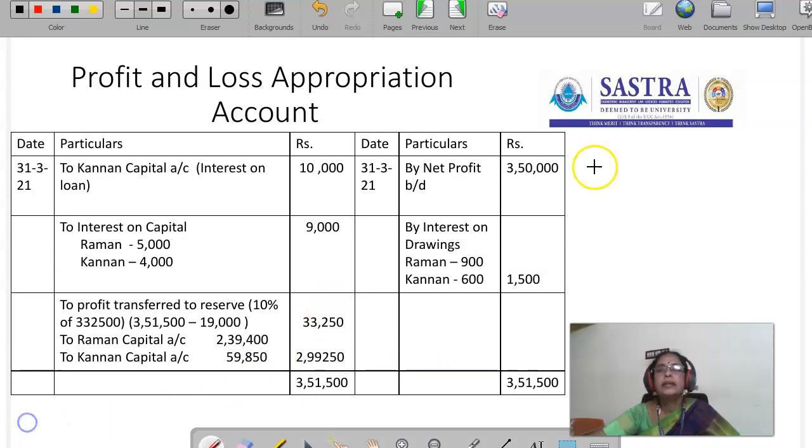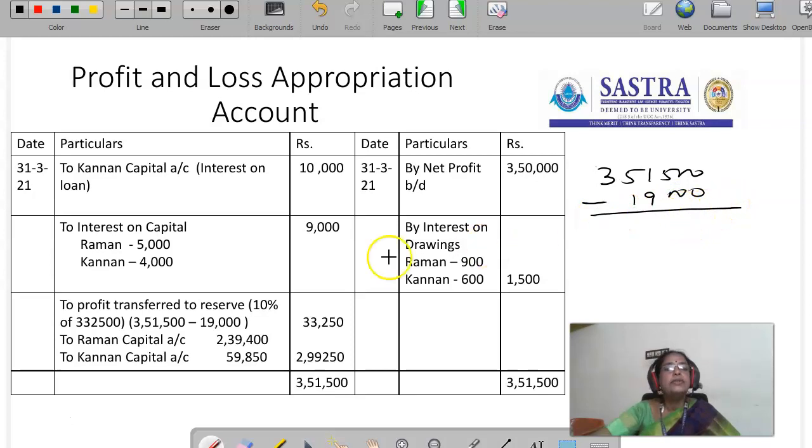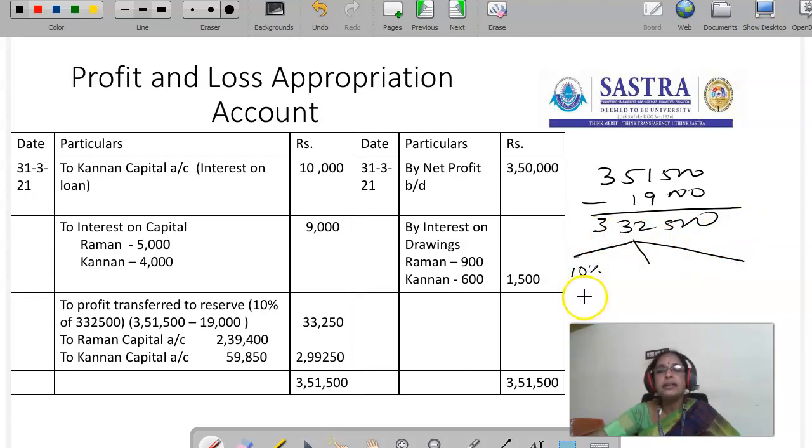Let's see. The total profit available in the firm is 3,51,500 minus 19,000. 19,000 should be deducted from 3,51,500. So the balance is 3,32,500. So from this 3,32,500, 10% should be kept for reserve. 10% of 3,32,500 is 33,250.